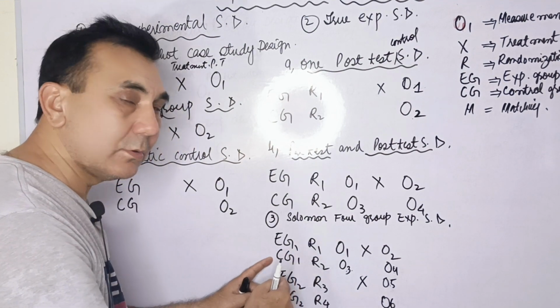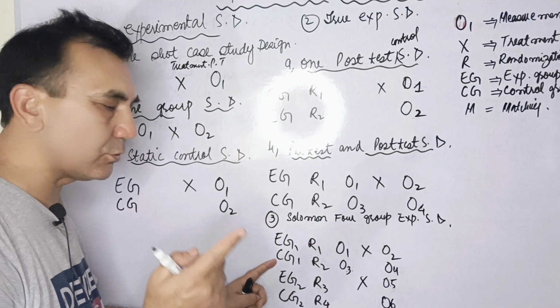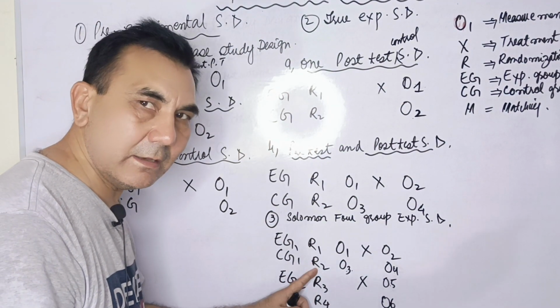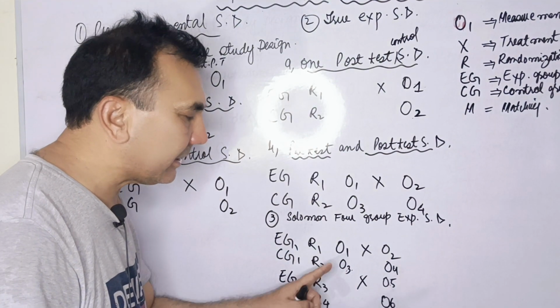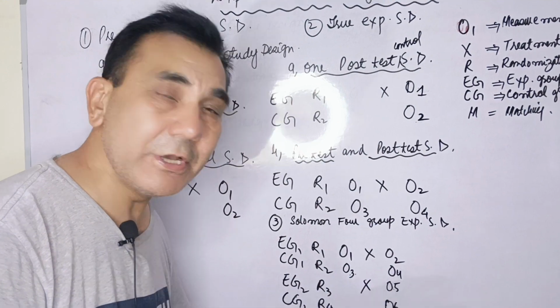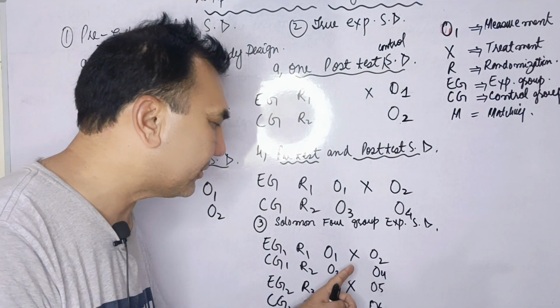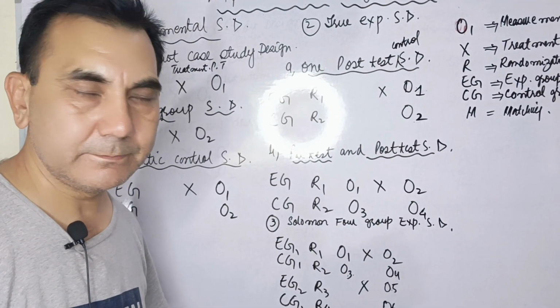In the first control group, again randomly assigned, he directly conducts the pre-test, doesn't expose the control group to any treatment, and then directly measures the post-test.